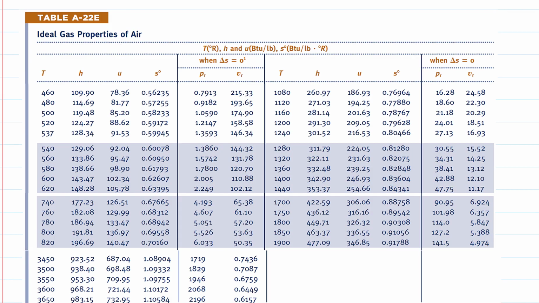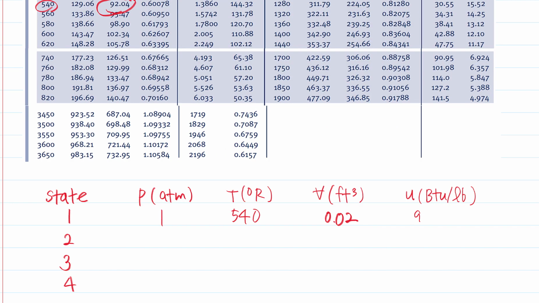So see table A-22, ideal gas properties of air. At state 1, temperature is 540 degrees Rankine. Internal energy u1 is here, 92.04.